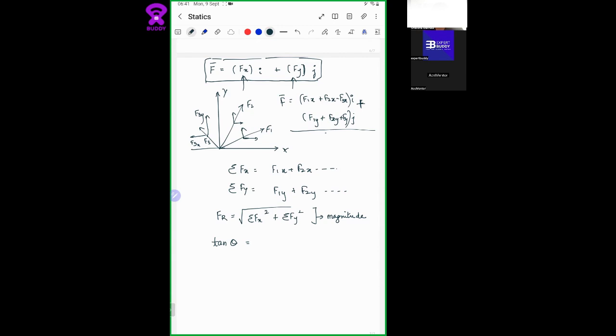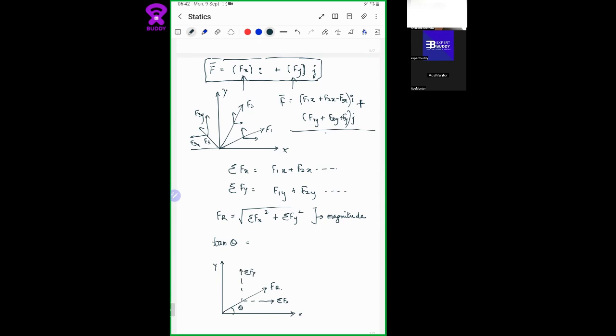I'll just draw it down. Suppose this is the resultant vector. It makes an angle of theta with the x-axis. The summation of all Fx is here, and the summation of all Fy is here.